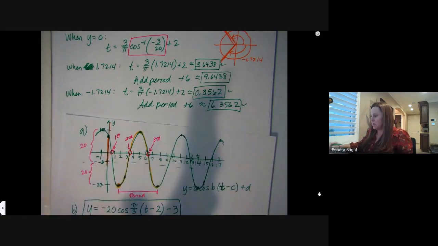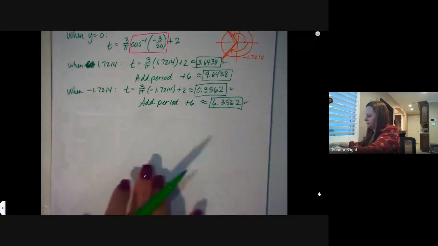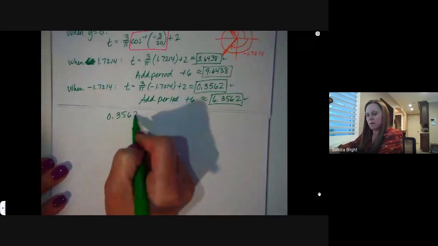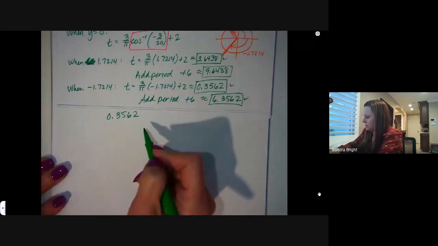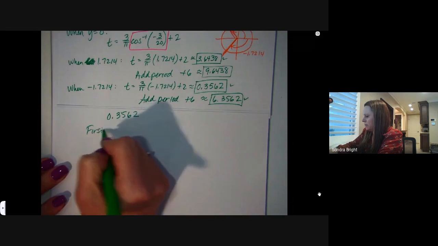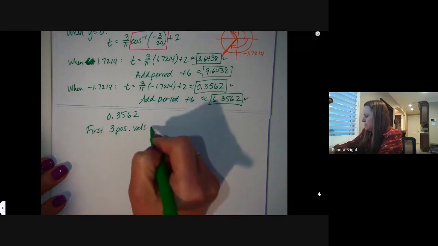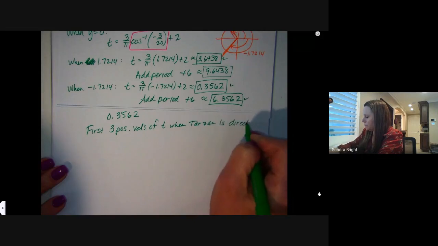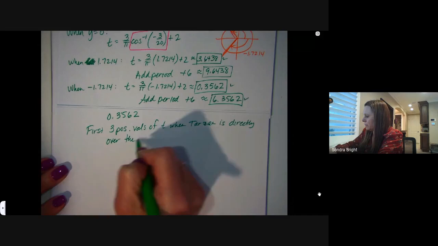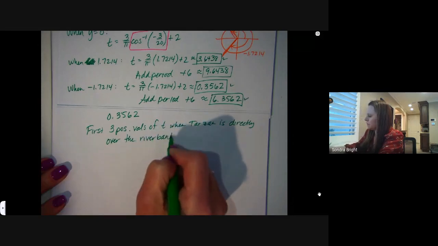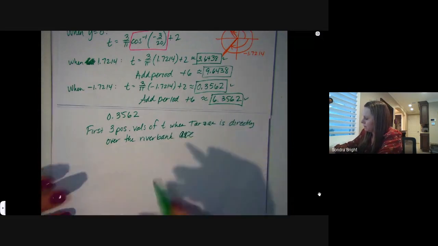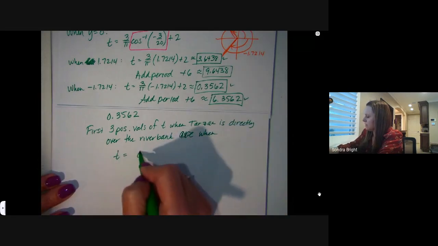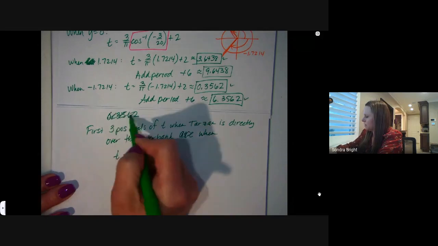So the answers are: the first three positive values of t when Tarzan is directly over the riverbank are when t is 0.3562, 3.6438, and 6.3562.